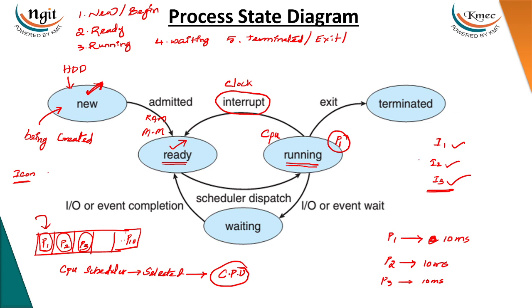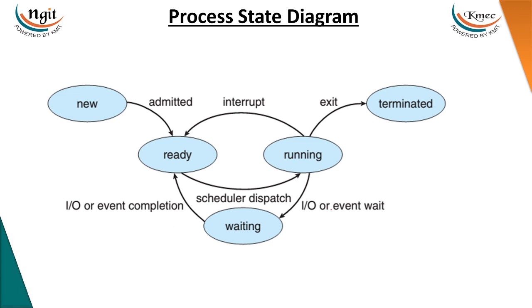But while executing the instructions, if a process needs any IO event, what does that mean? Either it has to go to a printer and print 10 papers, or it requires network related information, or an internet connection, or the process has to scan a document.